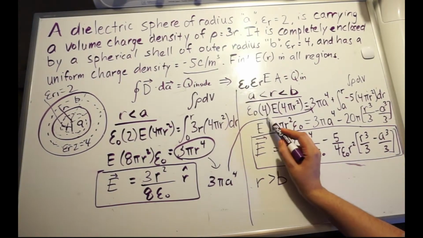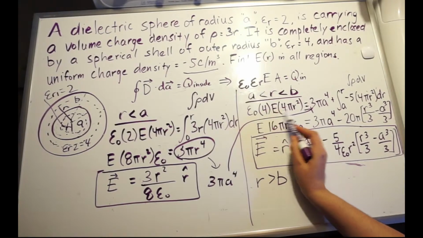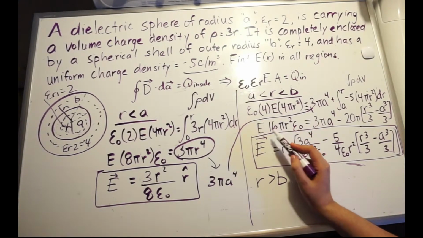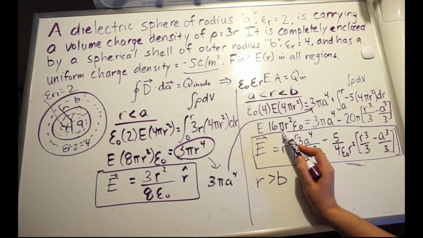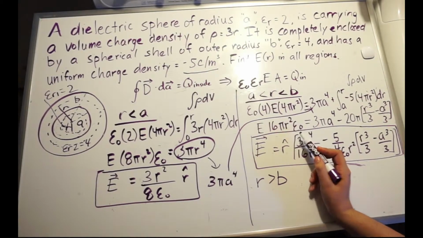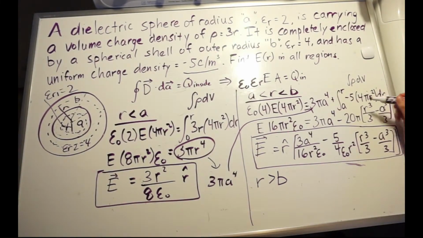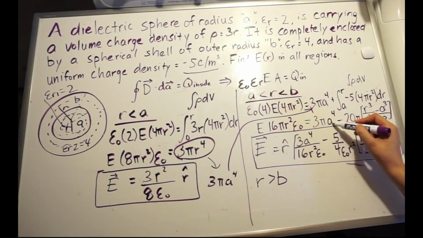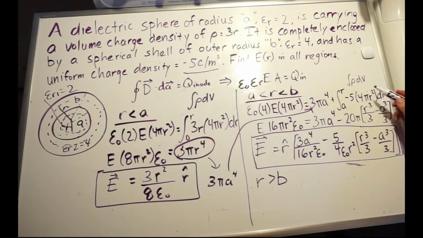And so if we simplify the left hand side of the equation, it becomes E times 16 pi r squared epsilon naught, and then rewrite this, it's 3 pi A to the 4, and if we solve this integral from A to R, it's going to give us -20 pi times r cubed over 3 minus A cubed over 3.